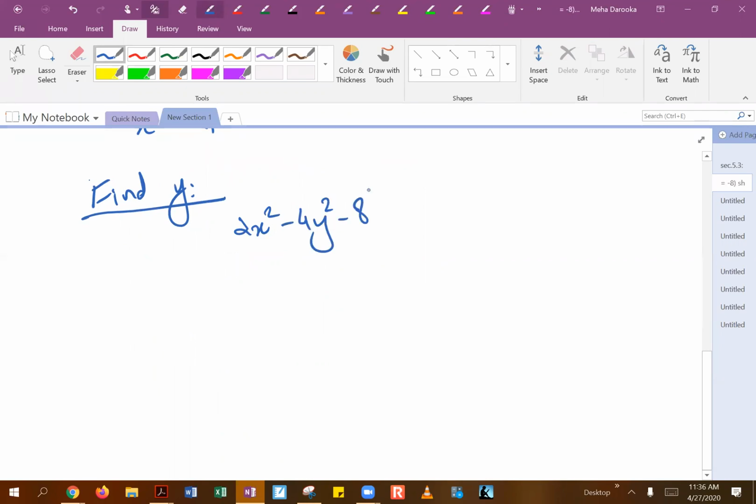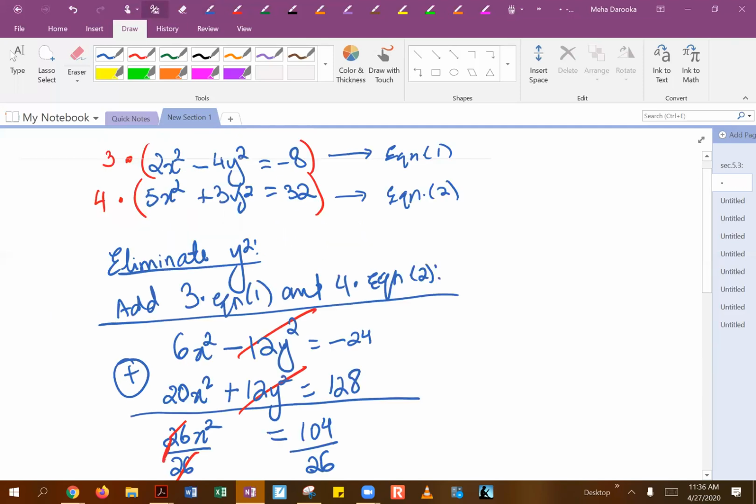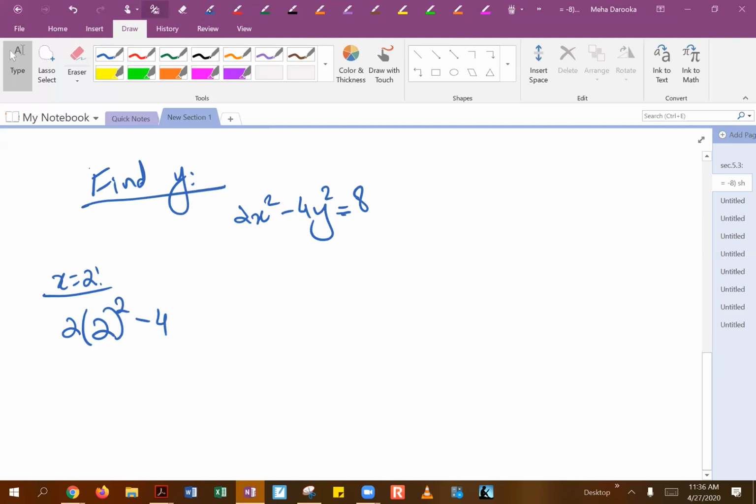All right, so let's start with our first x value, x equals 2. So that would be 2 times 2 squared, minus 4y squared equals negative 8.